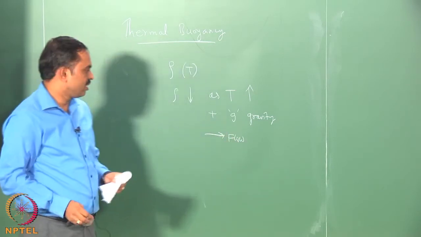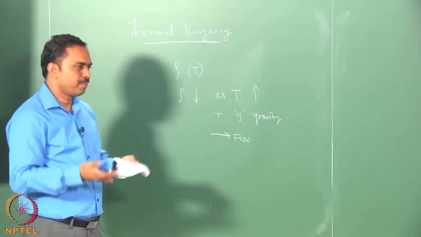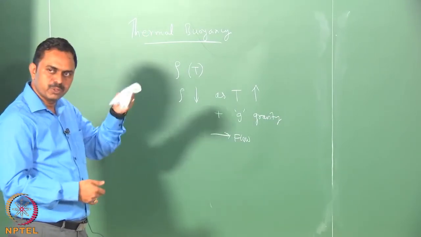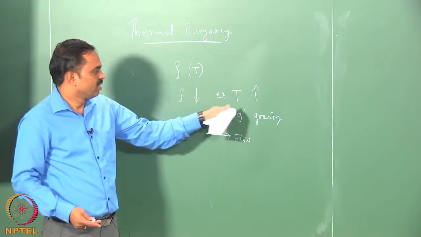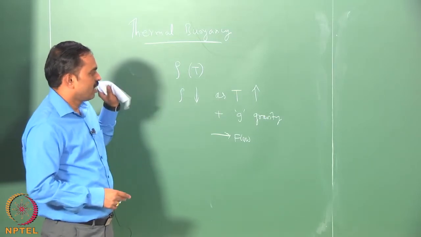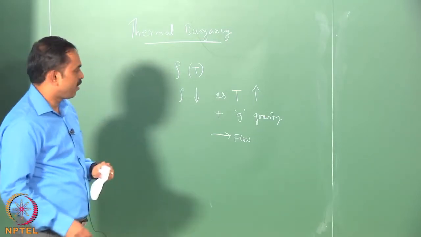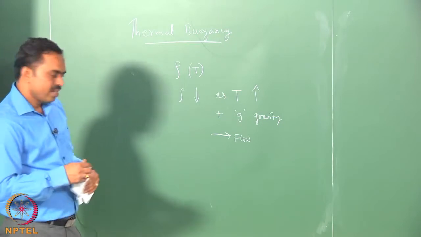The flow is such that the liquid having lower density will go up, opposite to the gravity direction, and the one which is heavy because of lower temperature would be settling down. Okay. So, this is the kind of fluid flow that would be coming because of thermal buoyancy, and the way it is modeled in the equations that we have written is as follows.